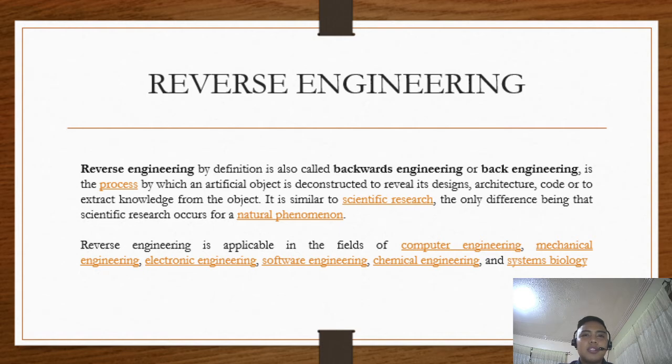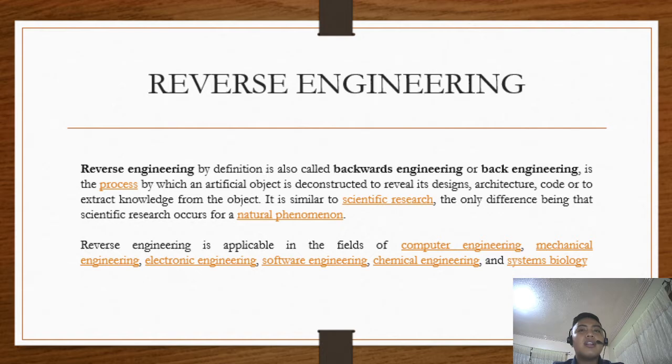It is the process by which an artificial object is deconstructed to reveal its design. It means it is developed or rearranged or improved, okay, to reveal its designs, architecture, code, or to extract knowledge from the object. It is similar to scientific research.